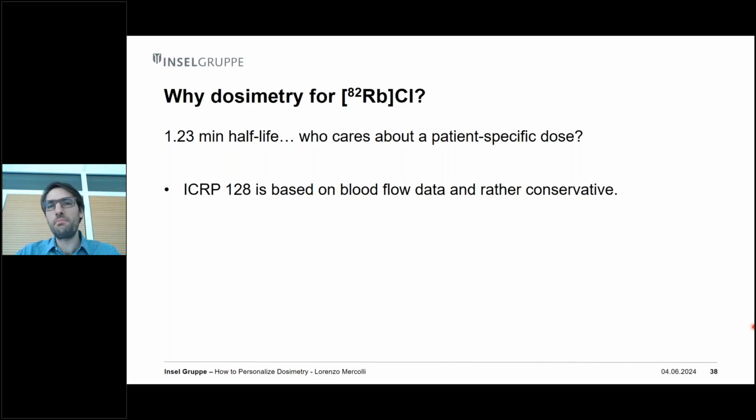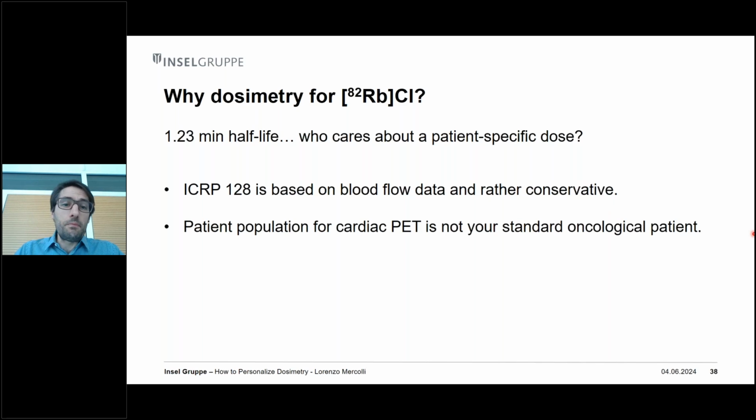How accurate is this? I don't know. What's for sure is that the ICRP always tries to have a more conservative estimate of the dose. Now, maybe we don't want such a conservative estimate because our patient population that comes for a cardiac PET is not the same as your standard oncological patient that you usually have in PET.